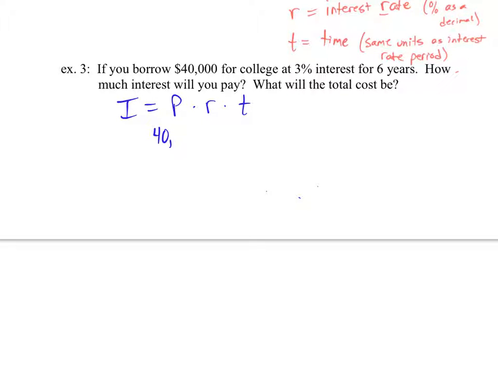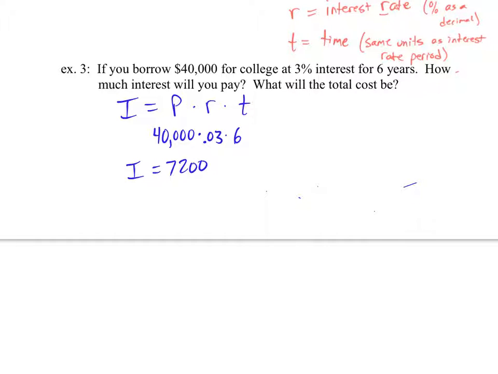So that's the principal. 3% interest, so I'd write a 0.03. Nice. So times 0.03 goes in for R. And I guess I didn't specify, so I'm going to just assume it's 3% a year. So then T would be 6. Cool. So if we punch that in, we should get 7,200.